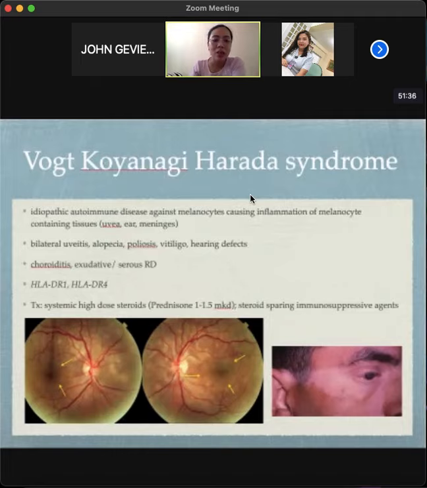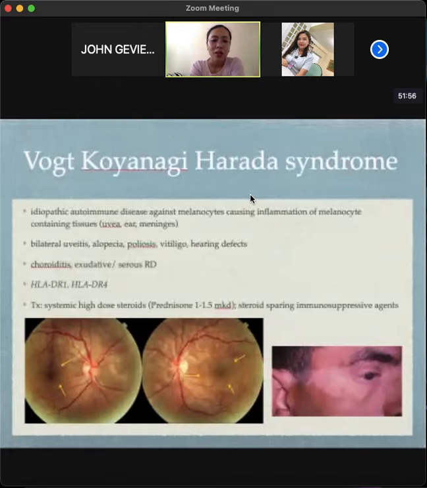It's a T-cell mediated autoimmune destruction of your melanocytes. Melanocytes are seen in different parts of the body, and we all know that the eye has melanin, particularly in the RPE and choroid. So there would always be eye manifestations in VKH.